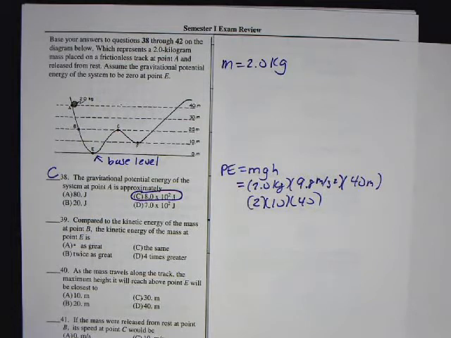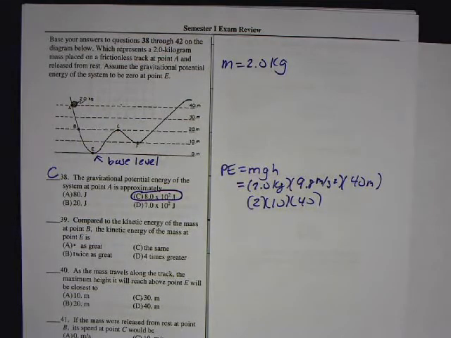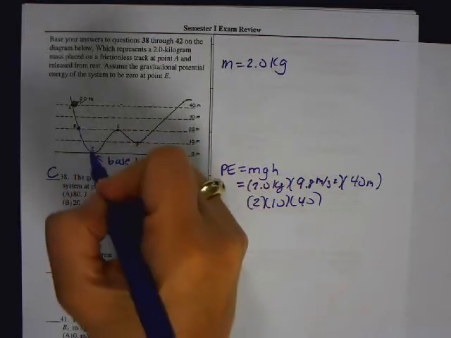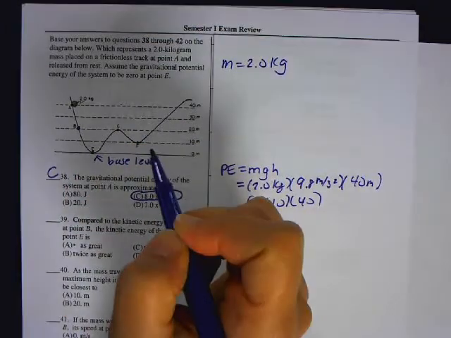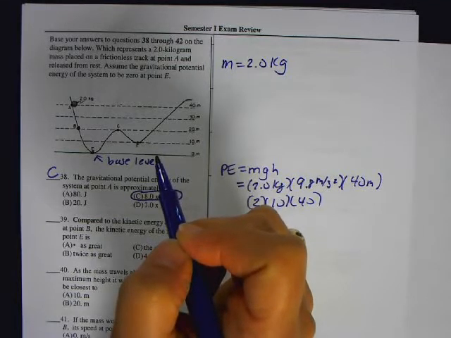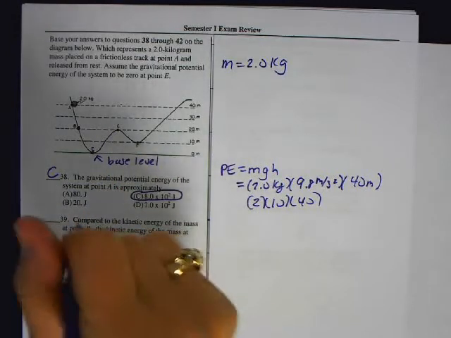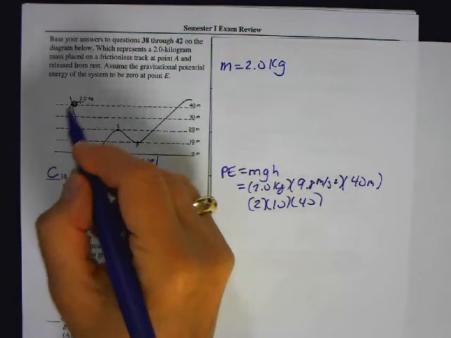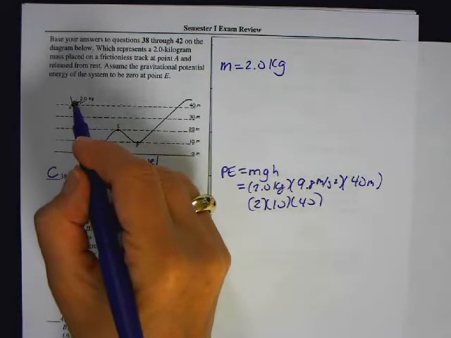Number 39, compared to the kinetic energy of the mass at point B, the kinetic energy of the mass at point E is, so here's point B, and here's point E. Now you have to read this carefully. So remember, here it's all potential.